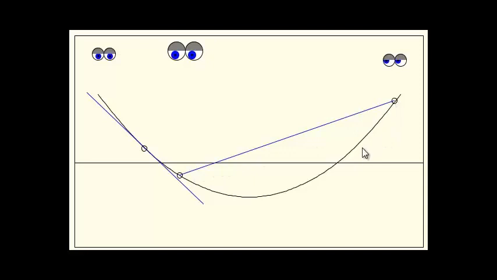Now, what does the mean value theorem say? It says that we've got a function f of x which is continuous and differentiable.